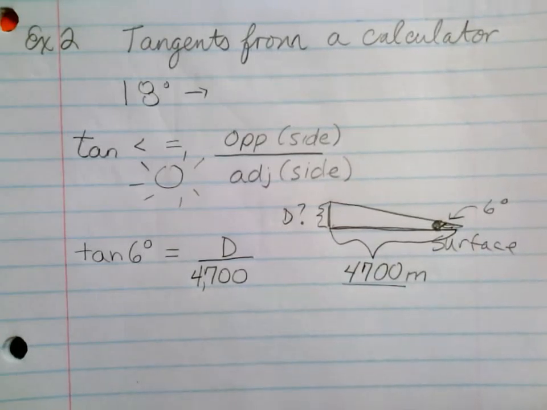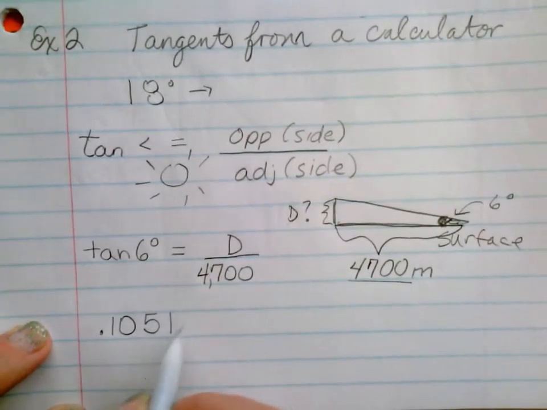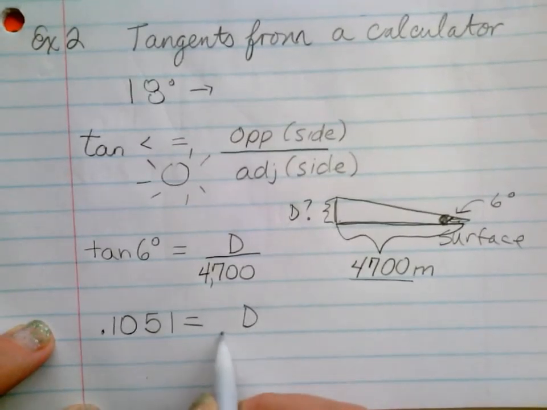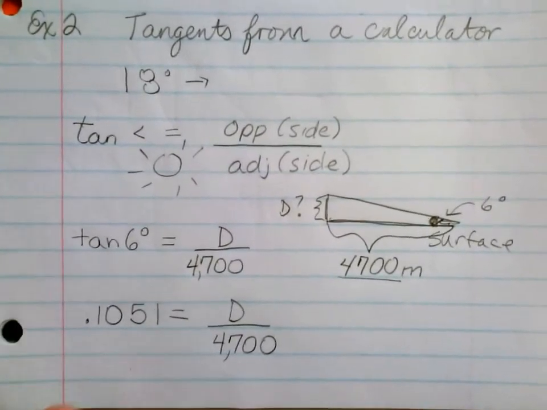Tangent of 6. What'd you guys get? 0.1051. Yep. So 0.1051 is equivalent to the depth of the crater divided by 4,700. Now you're starting to see why this is useful? These little cheats are extremely useful. This ratio is extremely useful.